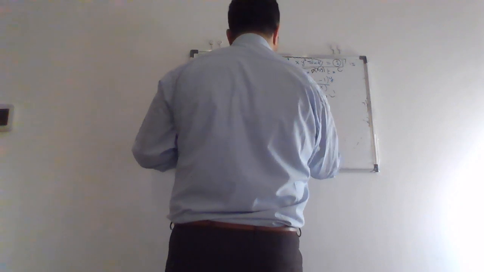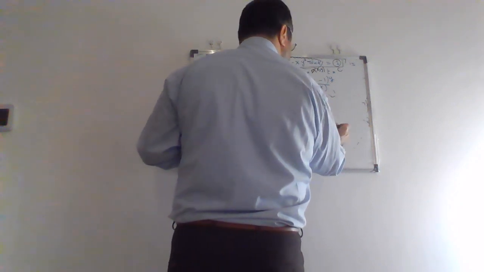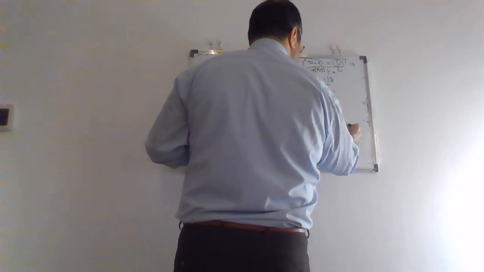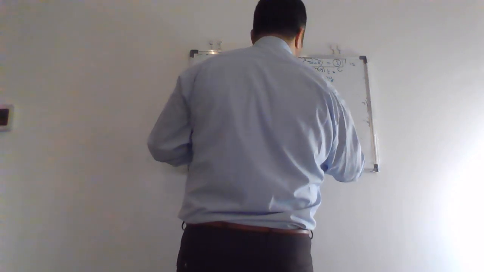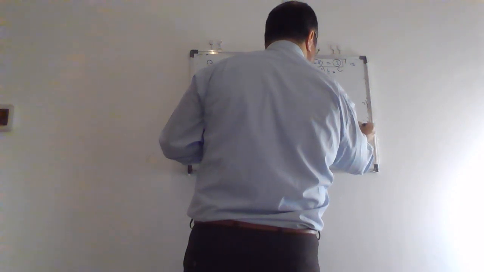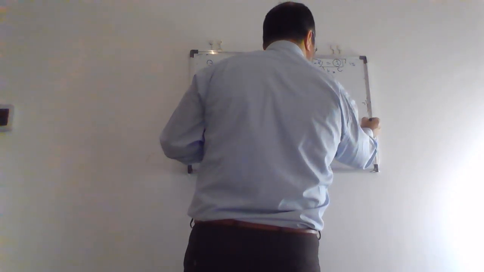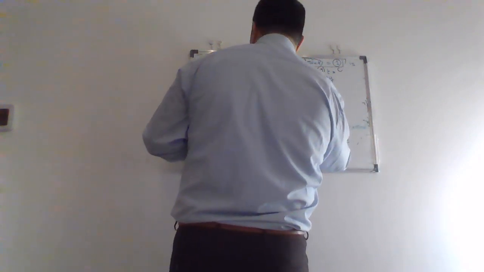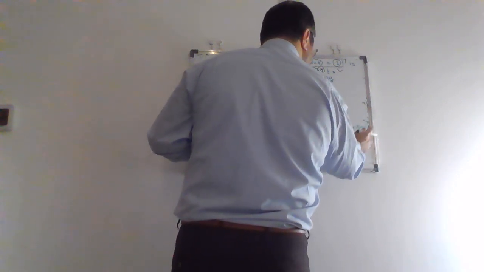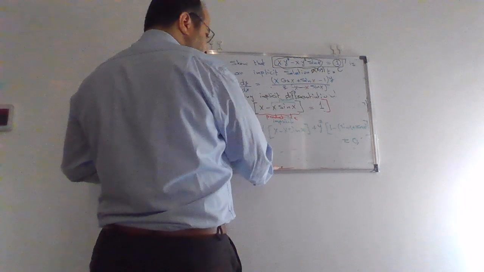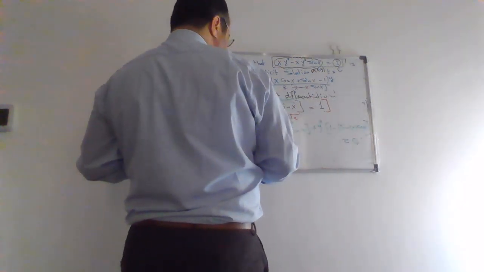The derivative I did before: it was 1 minus sine x, and then plus x cosine x. And then this thing should equal the derivative of the number 1. You get 0.